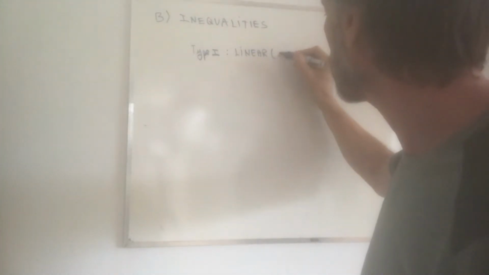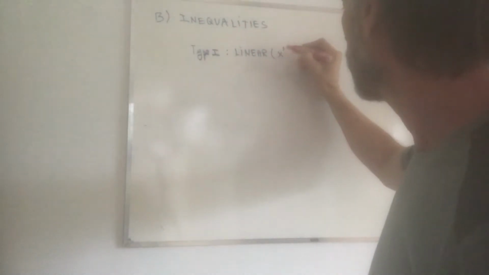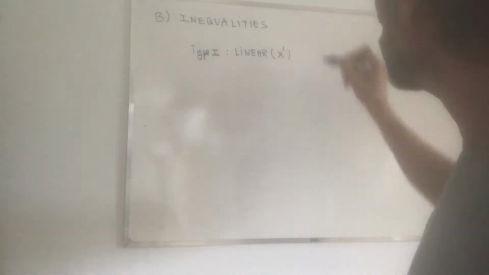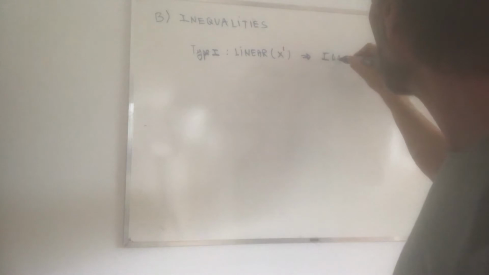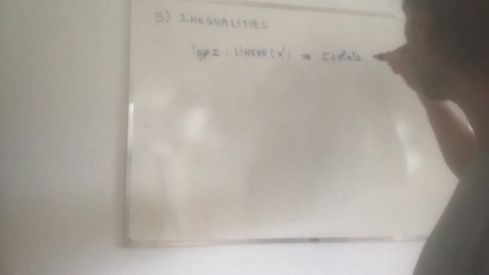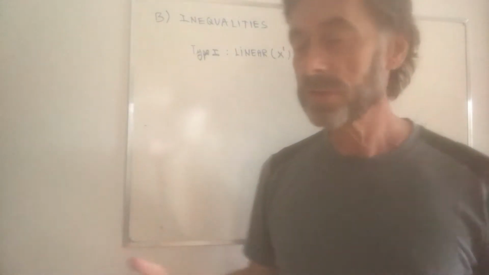Linear means x to the power of 1. So what we do when we have that, we simply isolate the x, given that the equation we want to solve involves x, of course.